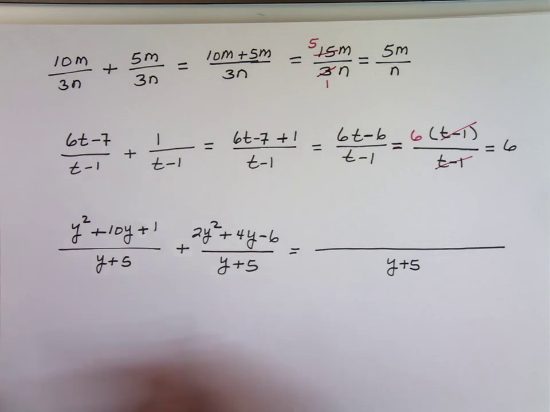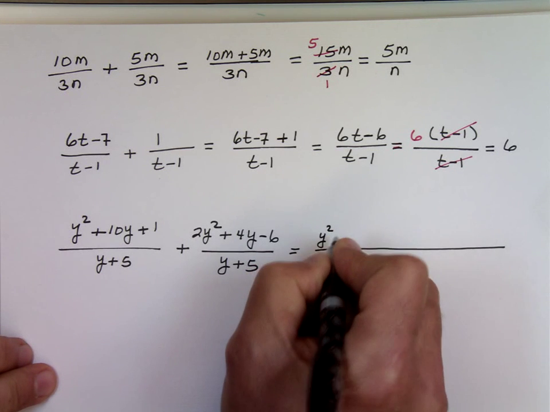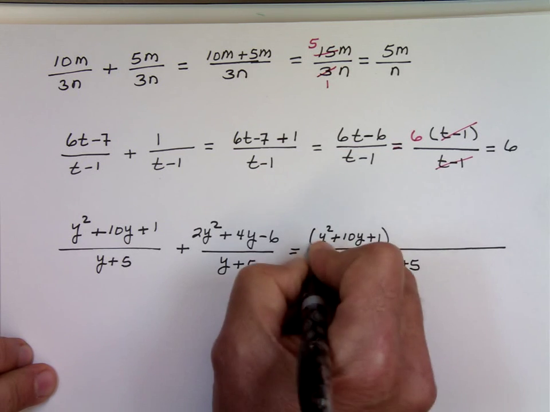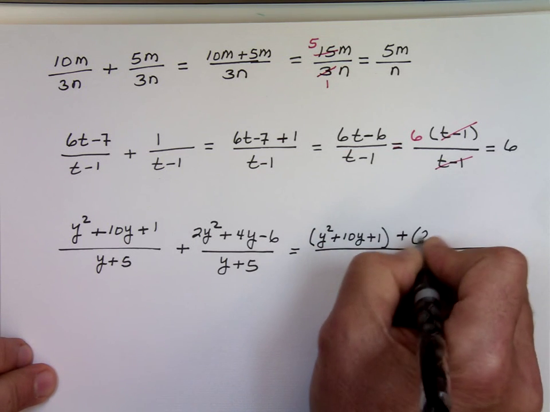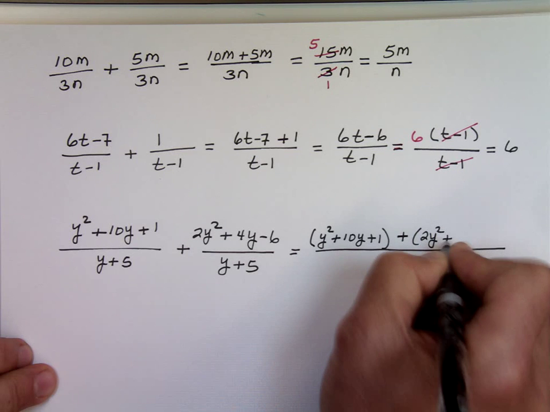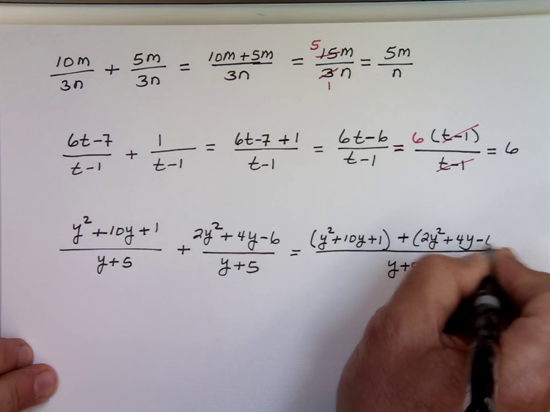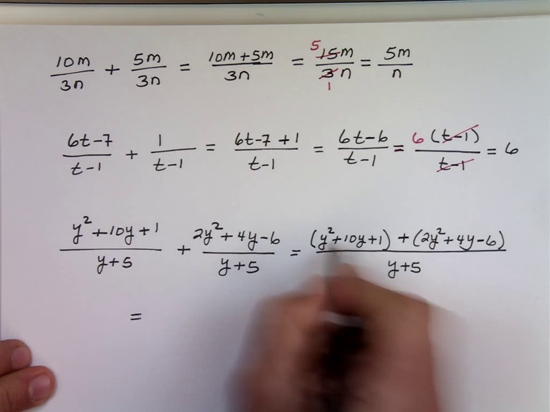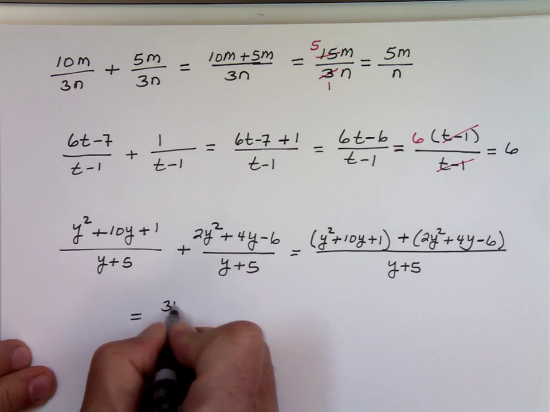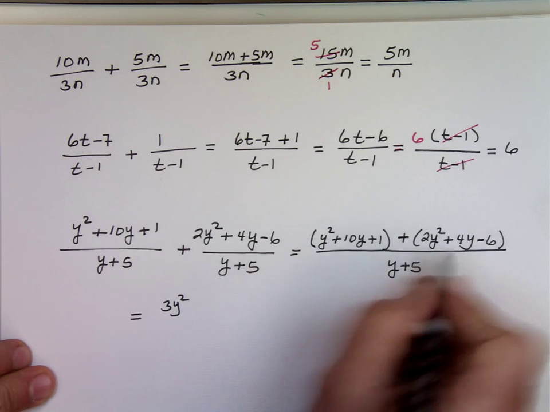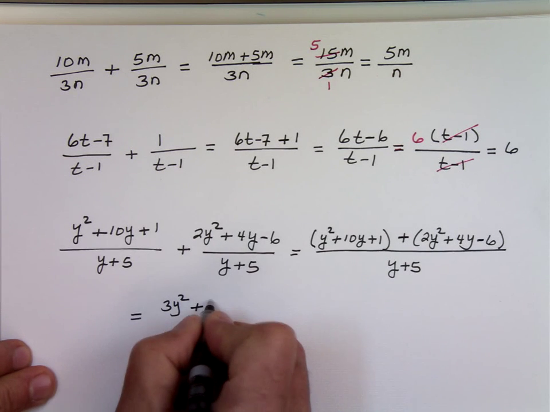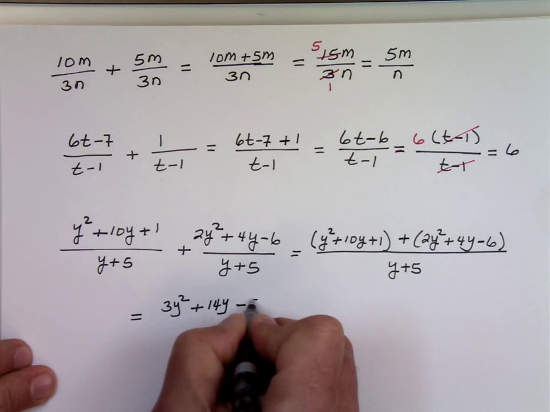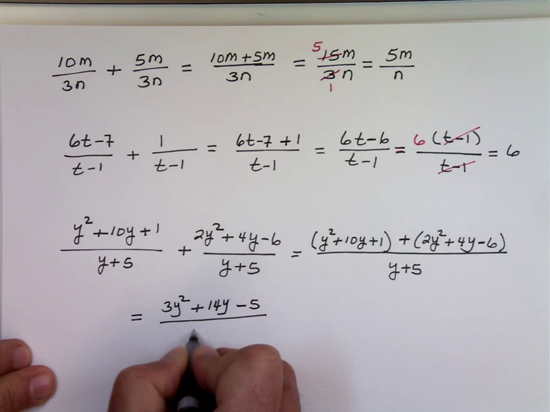That stays the same. We take the two polynomials on the top and we add them together. And let's clean it. What's y squared plus 2y squared? That's 3y squared. What is 10y plus 4y? 14y. What is 1 minus 6? That's a negative 5 over y plus 5.